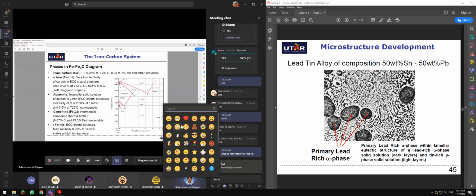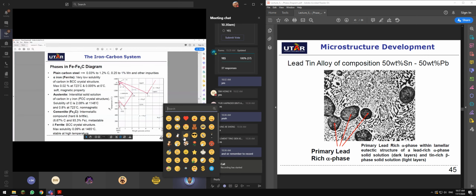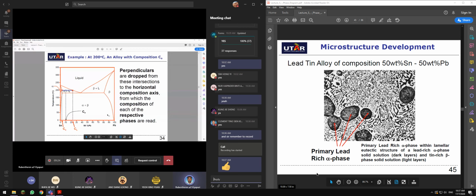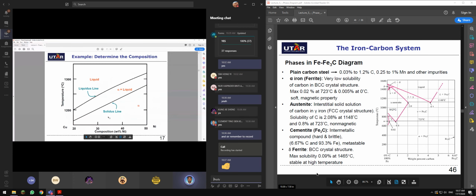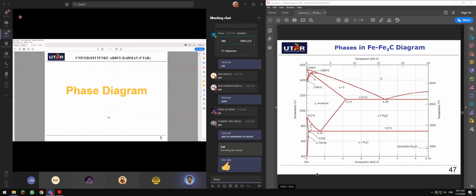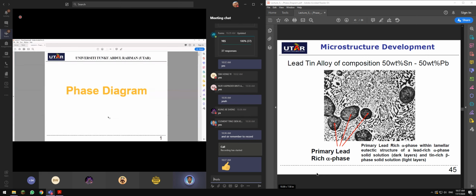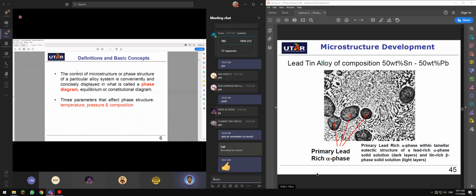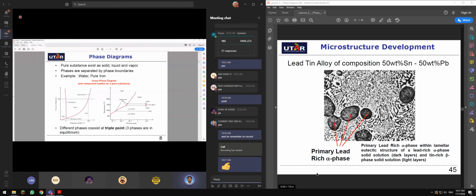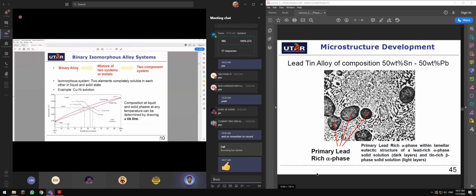Okay, guys. Previous session we have gone through the basics of phase diagram, and I did mention to you there are some structure, what is solvent, what is system, and we have a few types of phase diagram: unary, binary, eutectoid, two component system, and so on.